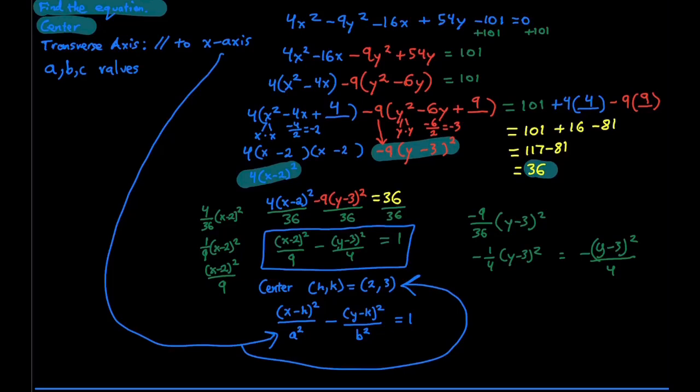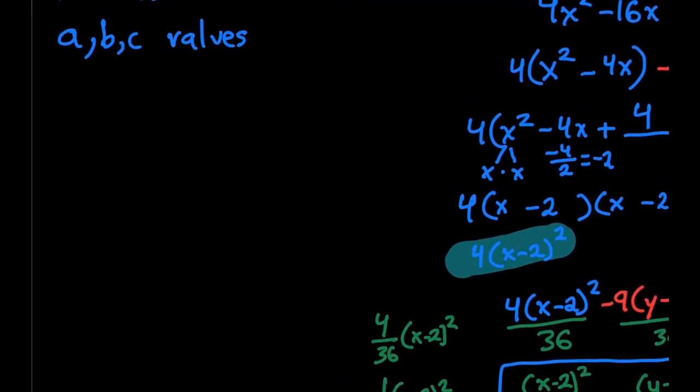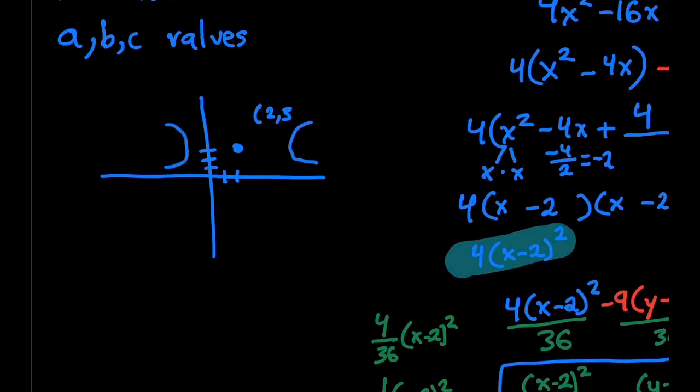But since it's not on the x-axis itself, then that's why it's parallel to it. And just to kind of sketch it, the center is over here. So what we're looking at will be going sideways because this is based off the x-axis. That's why it's parallel to it. It's not on the axis.